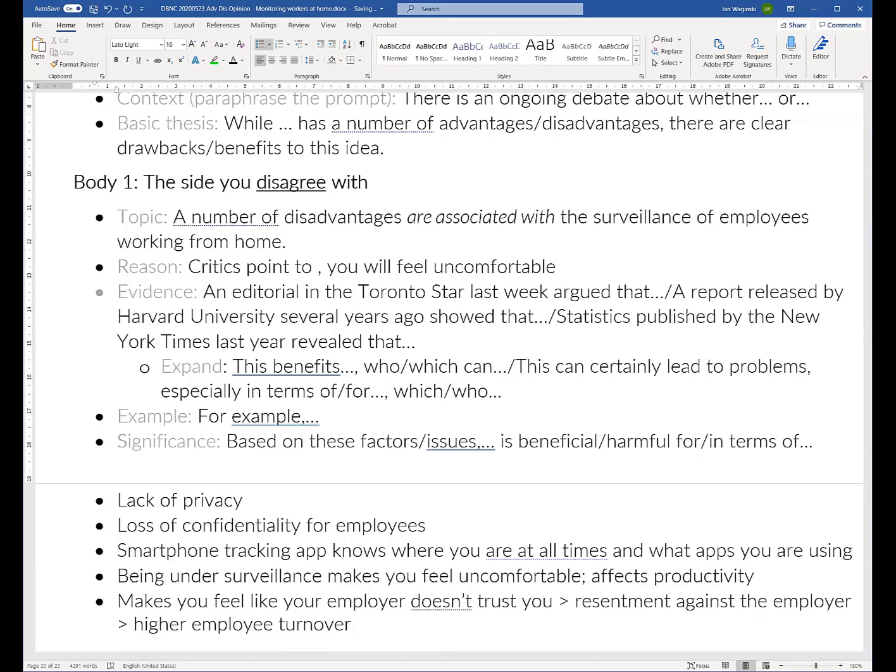Uncomfortable. Remember, it's "comfter." After a long day, you want to be comfortable on your couch.